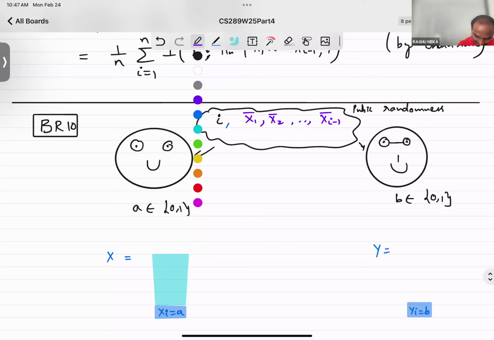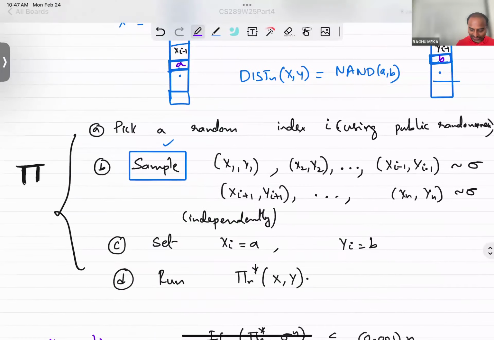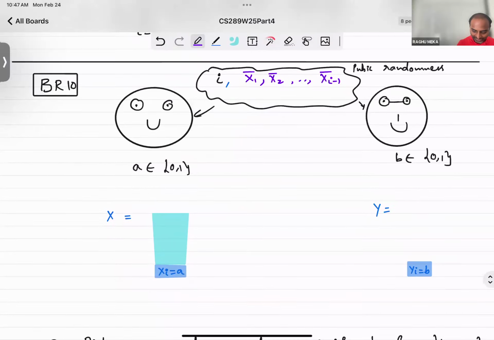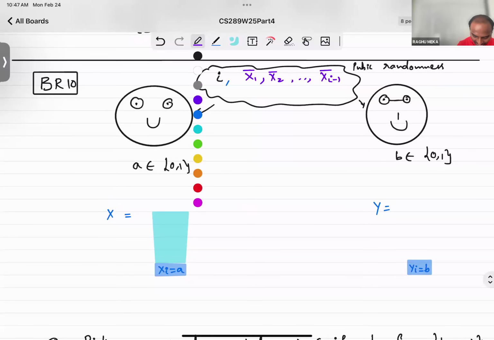And they're not going to sample xi plus 1 up to xn. Okay, so earlier they were sampling x1 and everything together, right? There's some asymmetry we are introducing. What is this asymmetry? And Bob is going to do yi plus 1 bar up to yn.